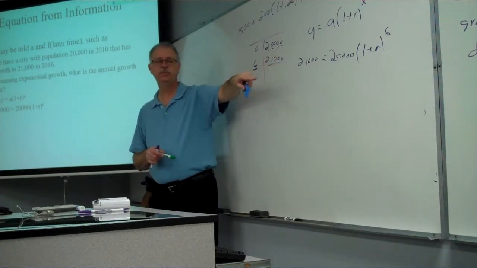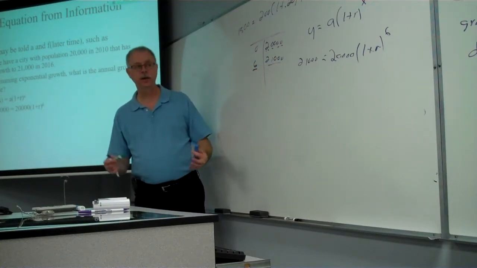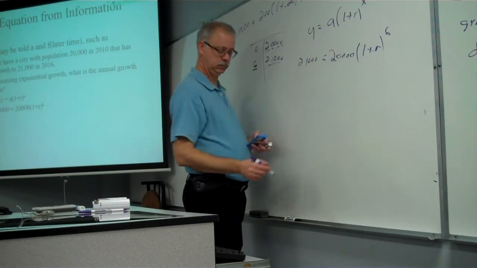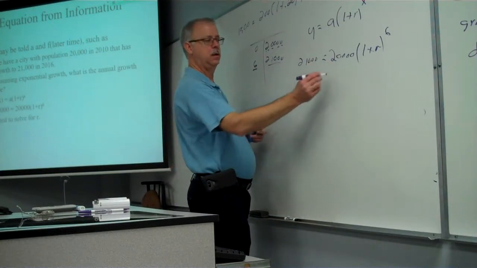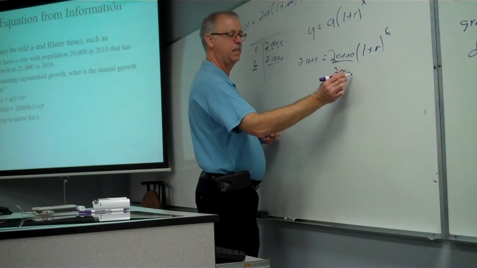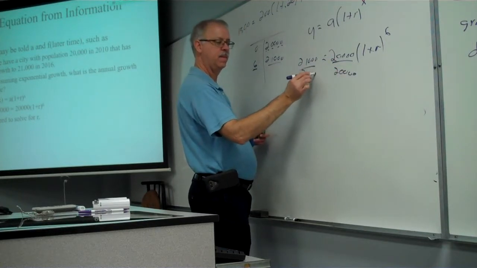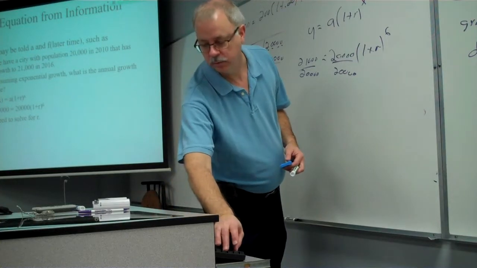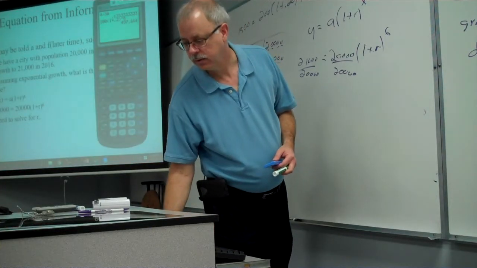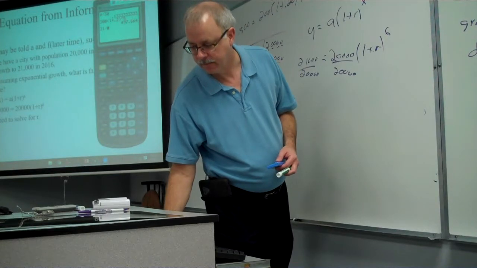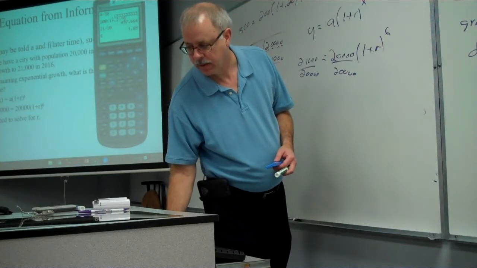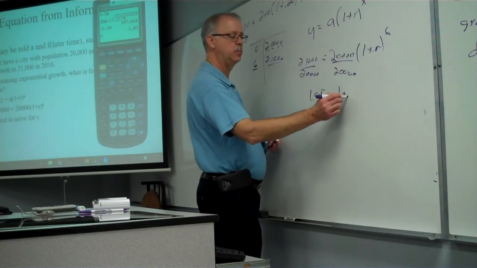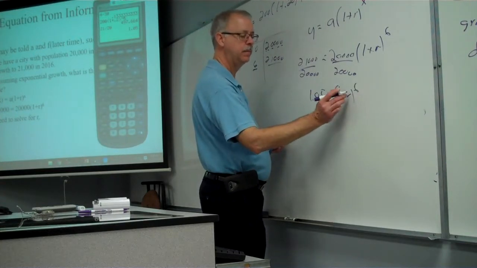This solve we've got some experience doing. We can divide both sides by 20,000. Let's see, 21 divided by 20, 1.05 equals 1 plus r to the 6th power.